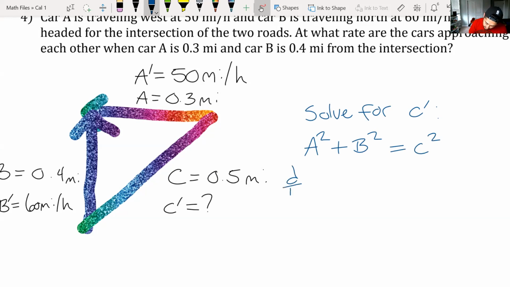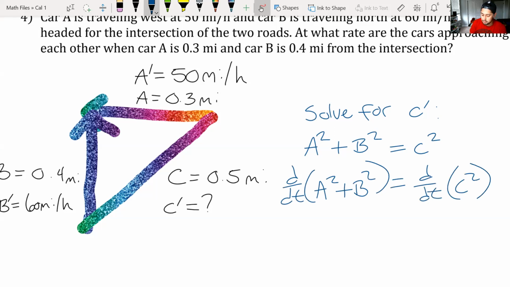So d over dt of a squared plus b squared equals d over dt of c squared. On the left side, 2a a prime plus 2b b prime equals 2c c prime. And we're looking for c prime. But before you do so, you can divide everything by 2.